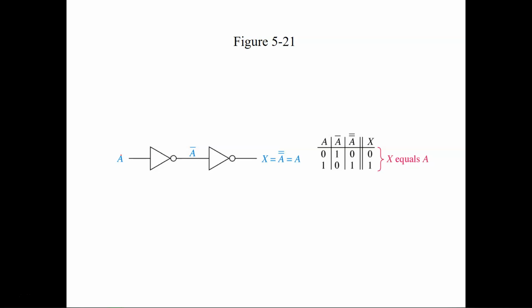So what they're saying is if I take a signal A, I invert it through a NOT gate, then I invert it again. So A goes through a NOT gate to equal not A, or the inverse of A. When that goes through another NOT gate, it's going to equal out back to its original state. Does that make sense?